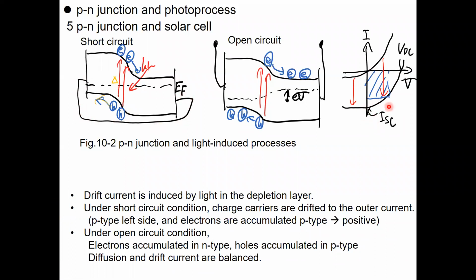It is called the short circuit current. On the other hand, even if these two are disconnected, now the current is zero, but you could obtain some voltage due to the charge accumulation. This voltage is called the open circuit voltage. So these two are very basic properties for photo devices or solar cells.